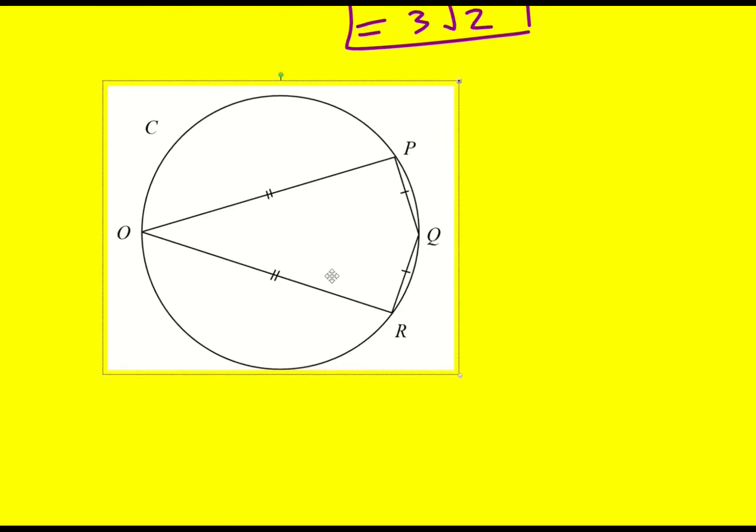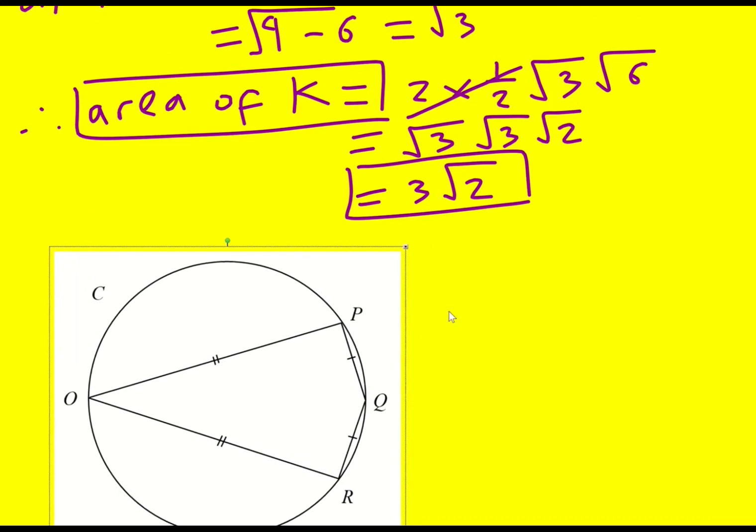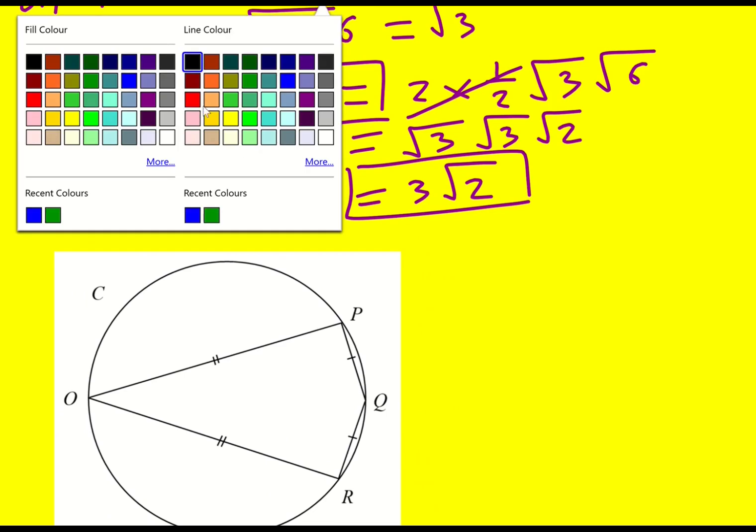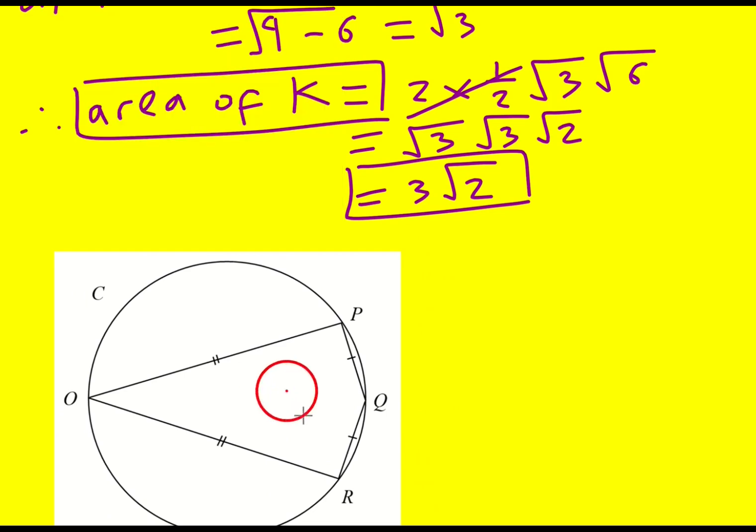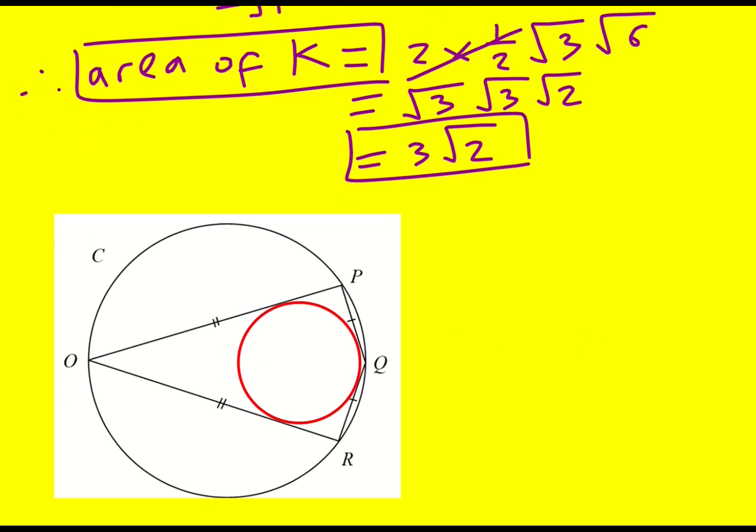Well, I have a little bit of an advantage here because I can make exact copies and I can even draw an accurate circle inside. So that is looking pretty good.